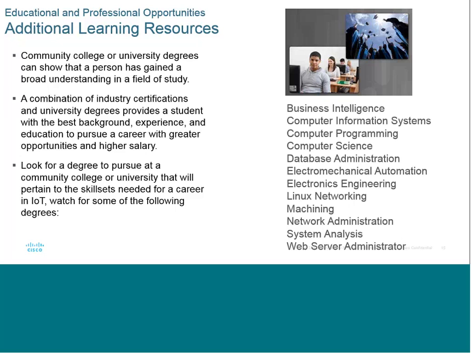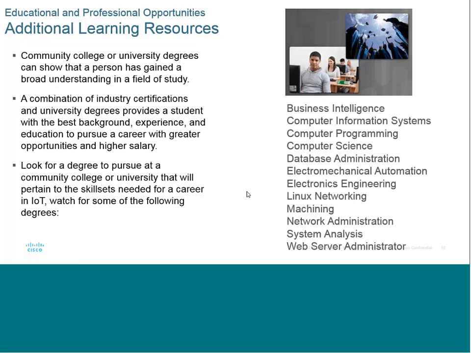You can also see here, a community college or university degree can show that a person has gained a broad understanding in a field of study. A combination of industry certification and university degree provides a student with the best background, experience, and education to pursue a career with greater opportunity and higher salary.